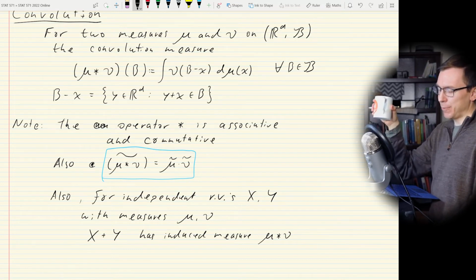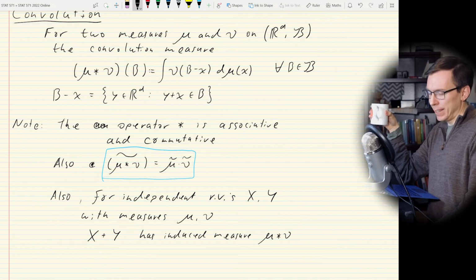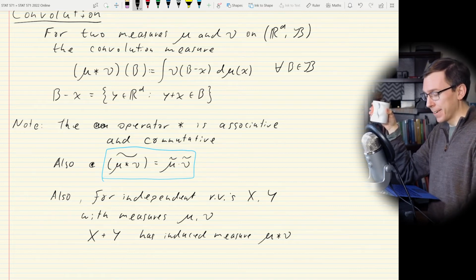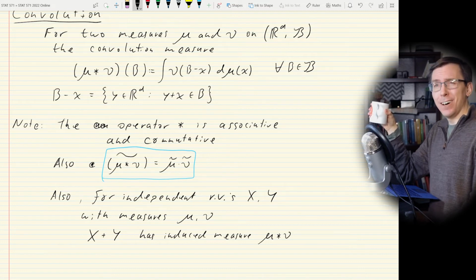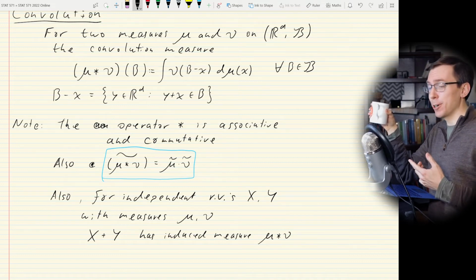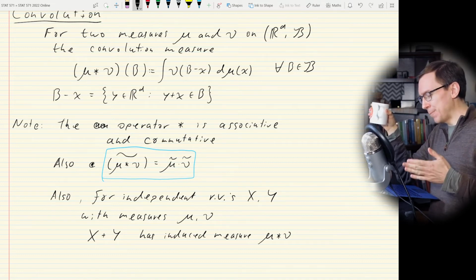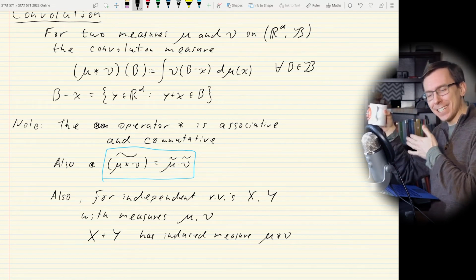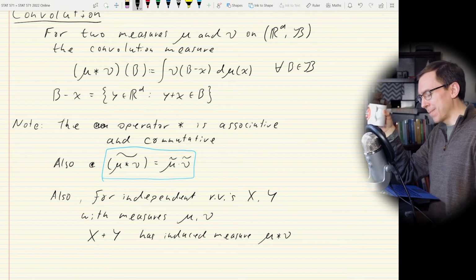And that's why this is going to be important, because the central limit theorem, much like the law of large numbers, just means we're going to be adding a bunch of stuff together. But whereas with the law of large numbers we had everything going to 0 almost surely, in this case we're not going to 0. We're converging in measure, which means the convolution of the convolution of the convolution, etc., is going to have to converge to something.